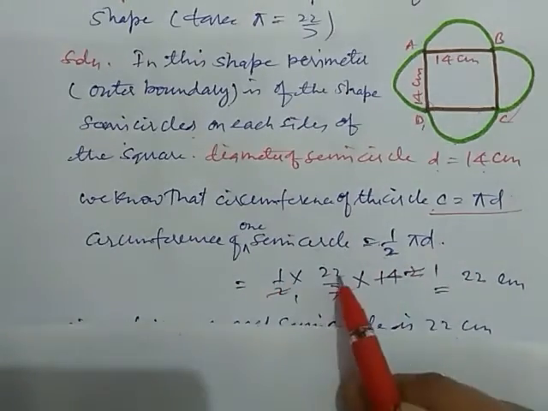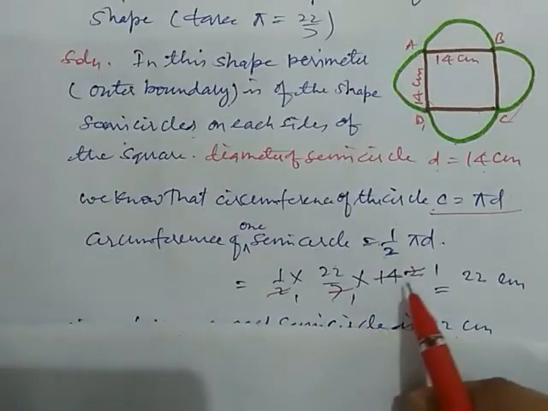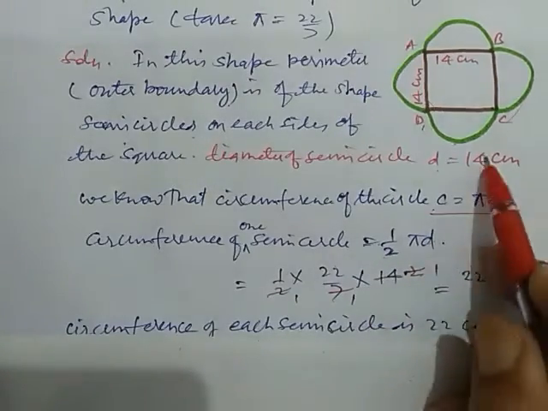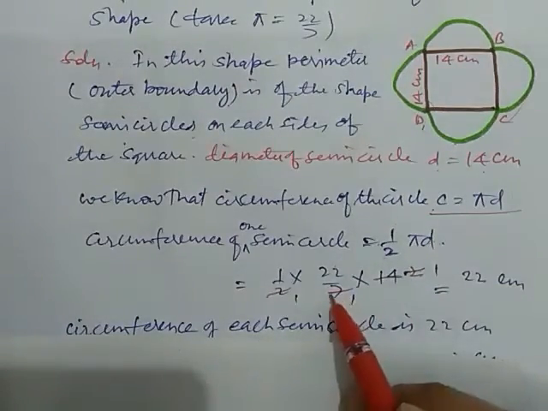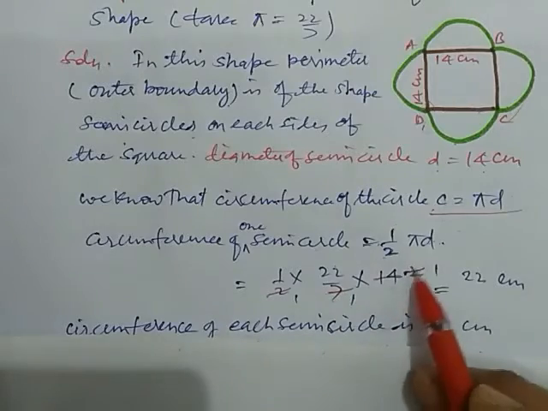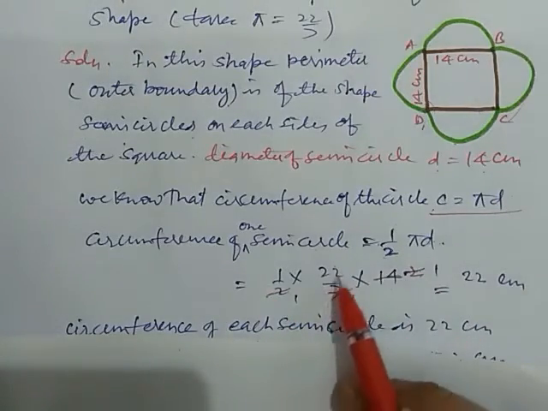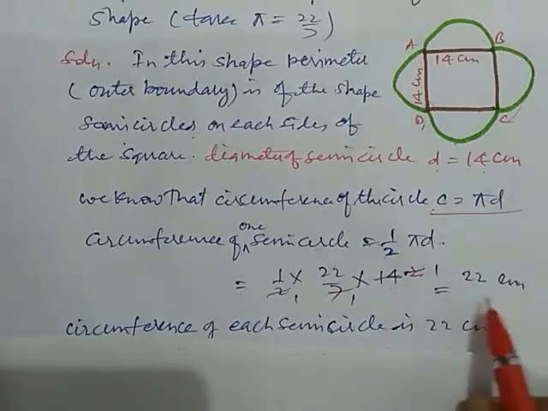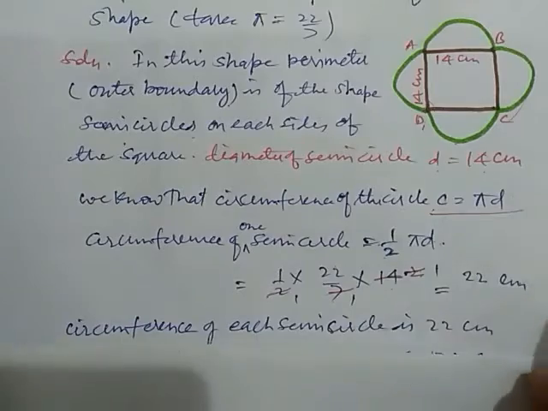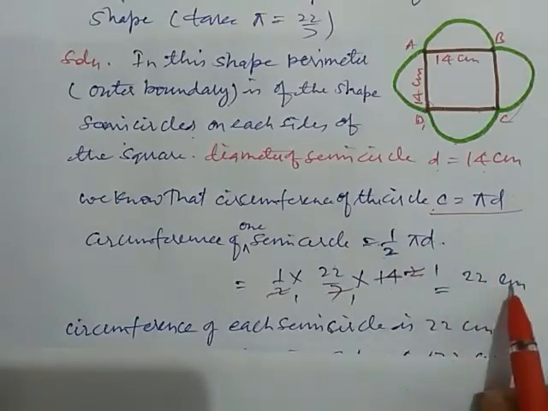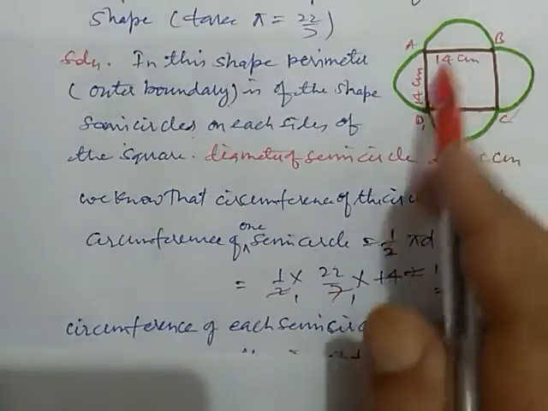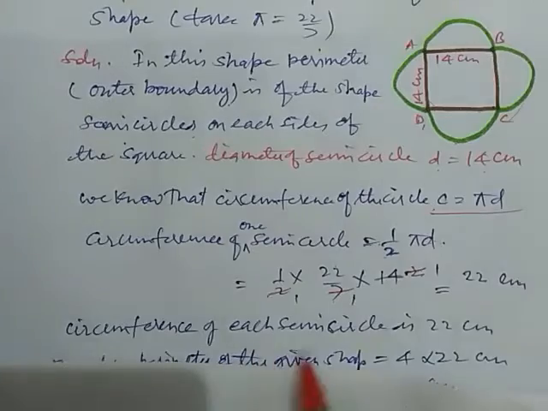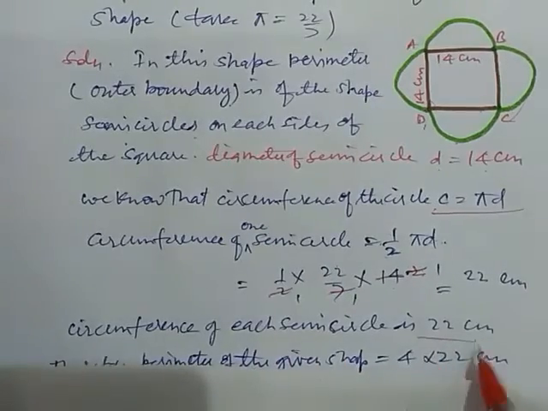The value of pi is 22/7 and the diameter is 14 centimeter. Dividing 14 by 7 gives 2, and this 2 cancels out with the half. So 22 is the perimeter of one semicircle, that is, the circumference of one semicircle. Now we have 4 semicircles, and the circumference of each semicircle is 22 centimeter.